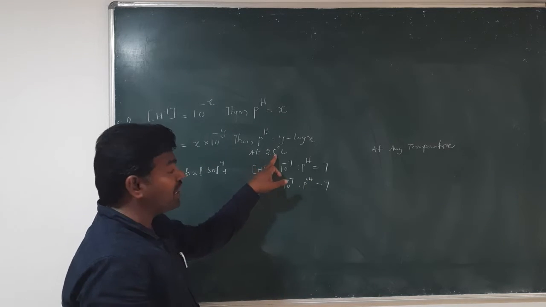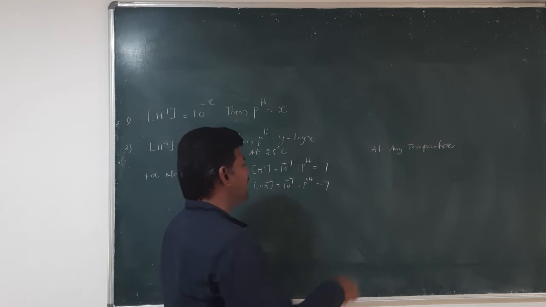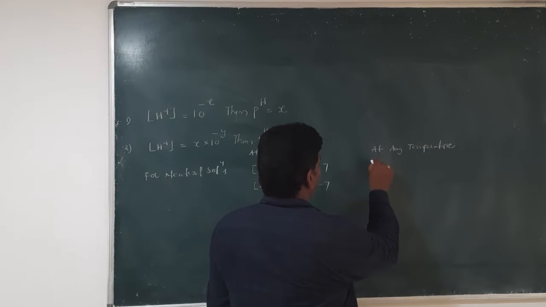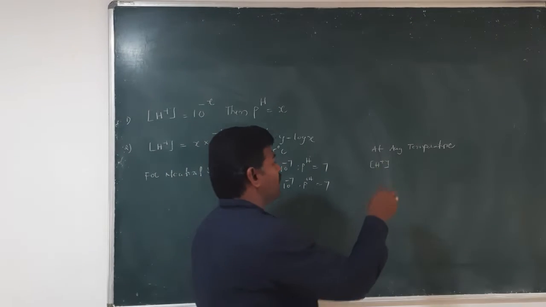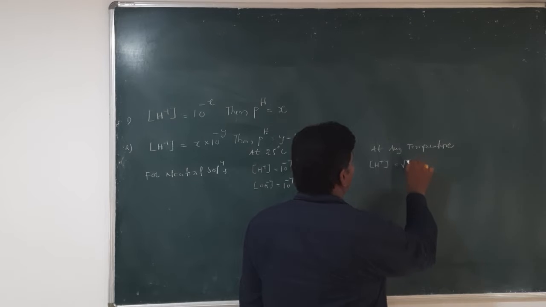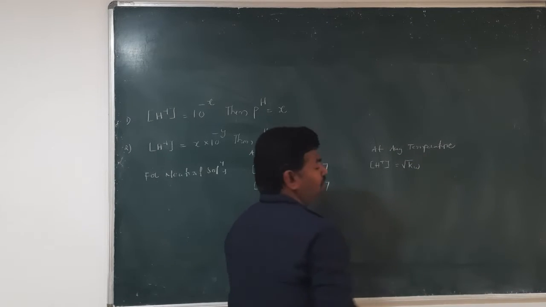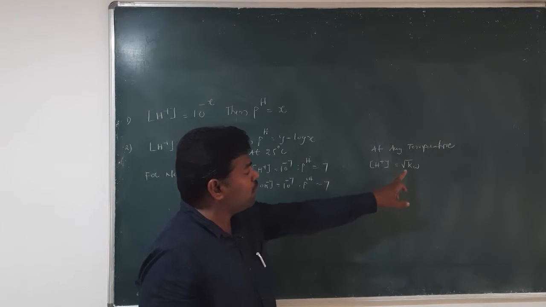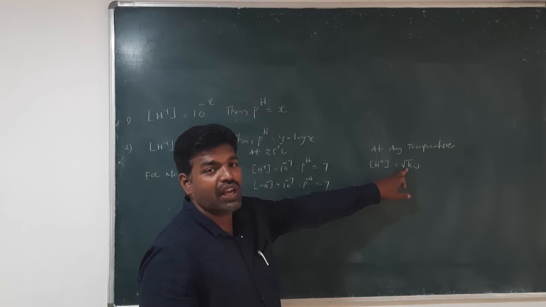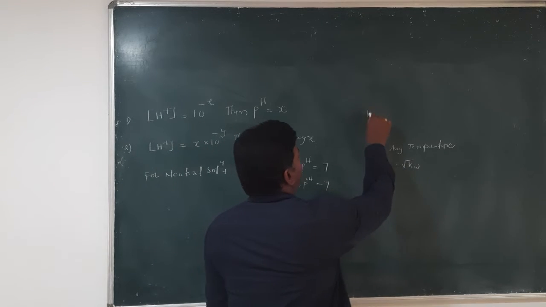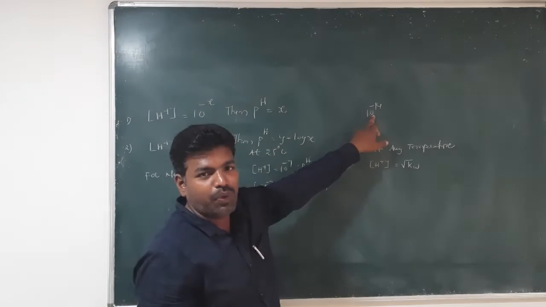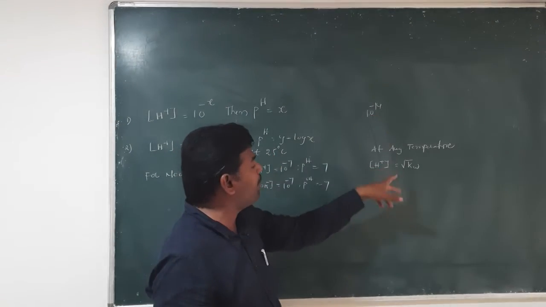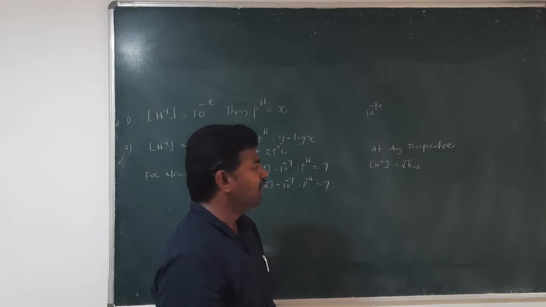This is at 25 degree centigrade, and at any temperature, the concentration of H plus ions is equal to root Kw. If you find the root of the ionic product of water, which is 10 power minus 14, that comes out to be 10 power minus 7, right?